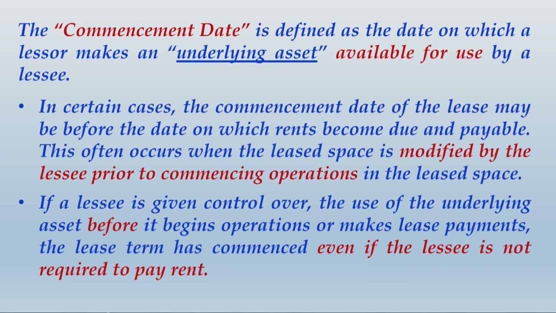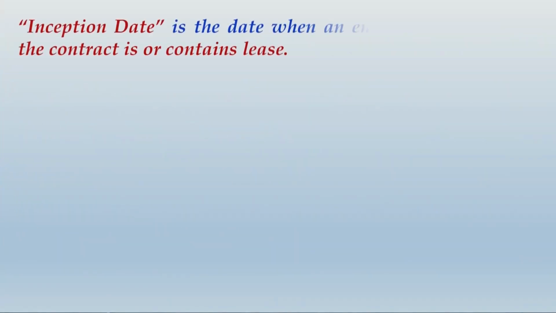Alright friends, you would have finished writing even this part. Let us now move ahead and write something more about inception date and commencement date. So, inception date is the date when an entity shall assess if the contract is or contains a lease.